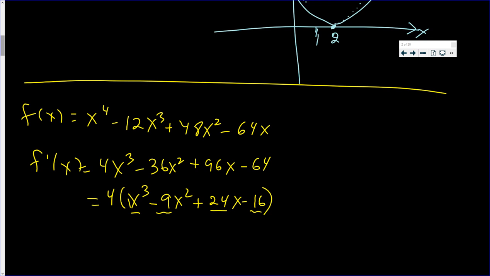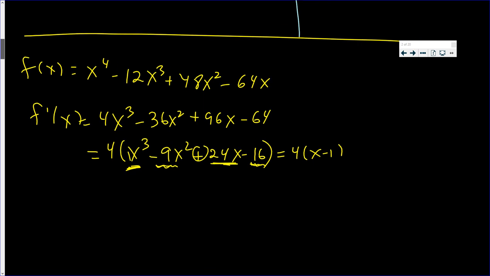So if x is positive 1, this will be 1, and that will be 24 for a sum of 25. And if x is negative, it'll be also minus 25. So I know that x equals 1 is a root, so x minus 1 is a factor.